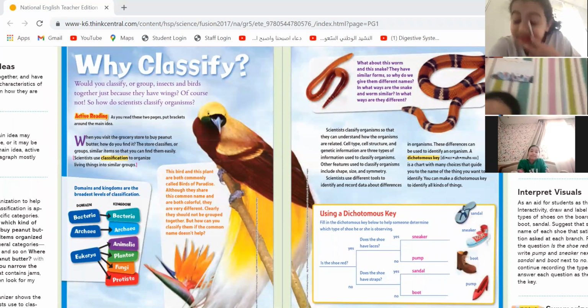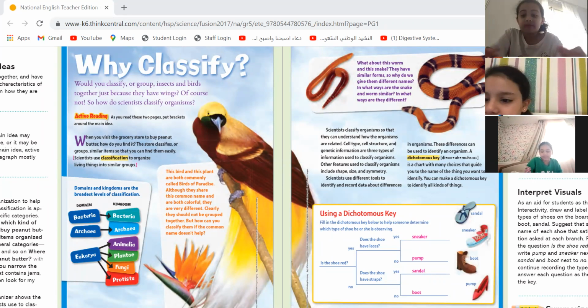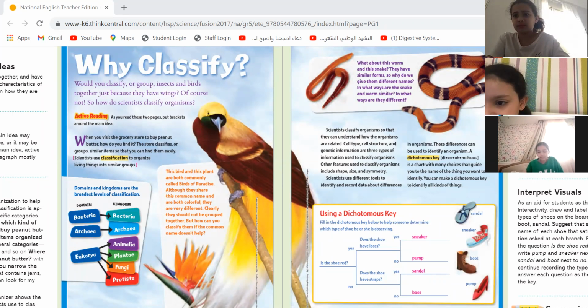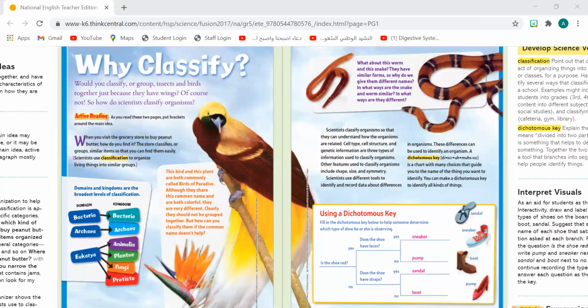Now, take a look at these 2 pages. We are going to learn the word domain. What is a domain? Organisms are classified into one of 3 domains. We have 3 main domains. Remember the 3 main domains over here? It's page 176.